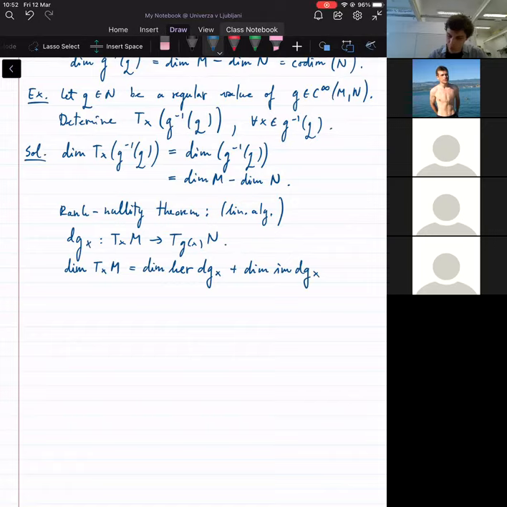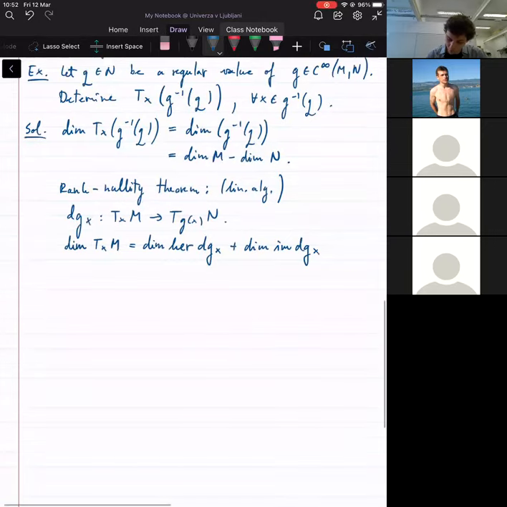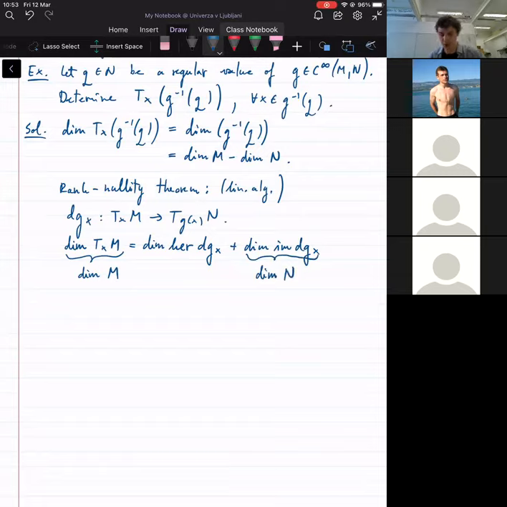Now we just read everything off. This is nothing else but the dimension of M, and this is nothing else but the dimension of N, since dg_x is a submersion at point x, since x is a regular point.